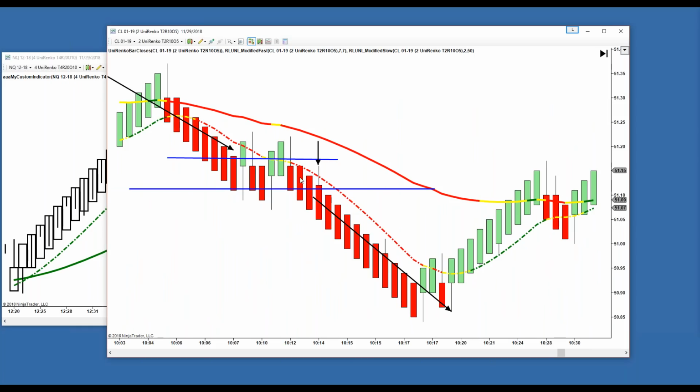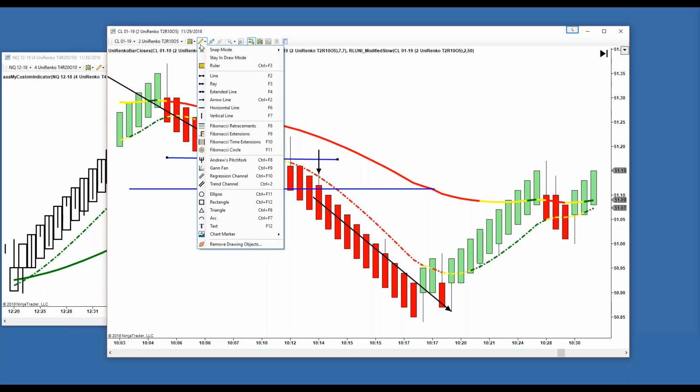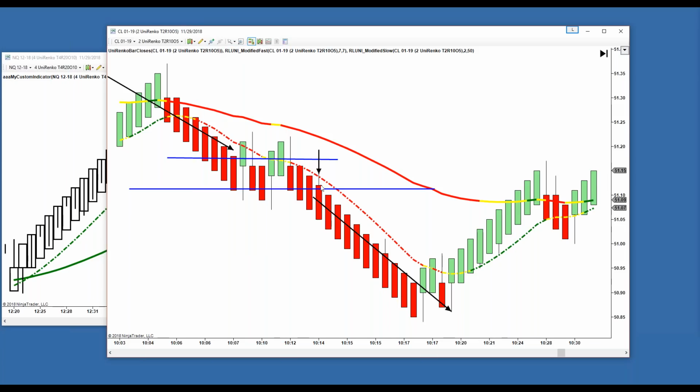Right here. Now that was the consolidation I traced out for range. And you can see that consolidative pattern would have been tradable off of Renko. Now Renko and range have a lot in common. They both have a preset size. There's no time component.